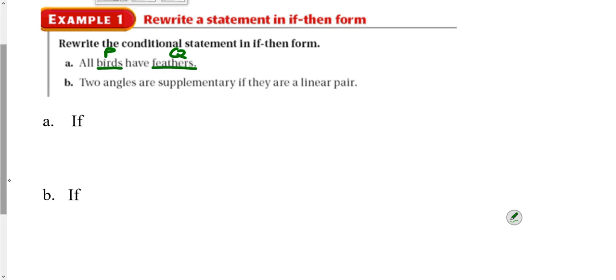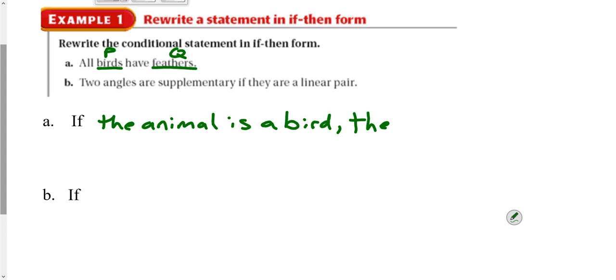We know P goes with if, so if the animal is a bird, comma, then it will have feathers.